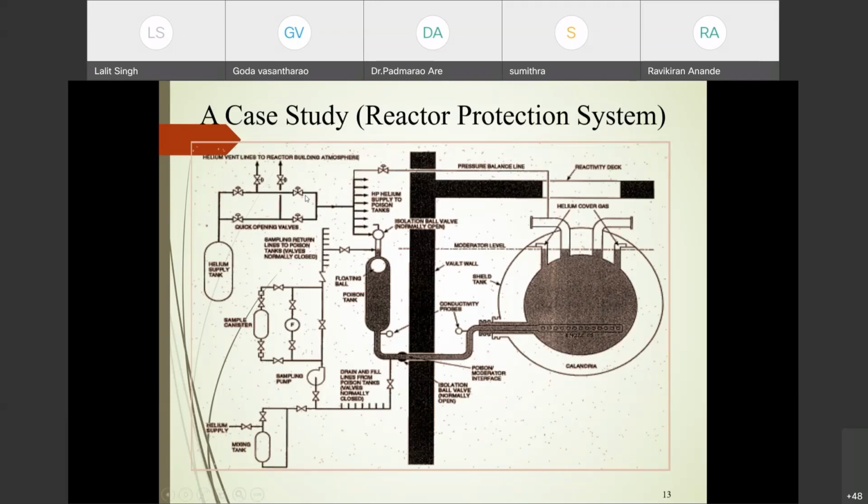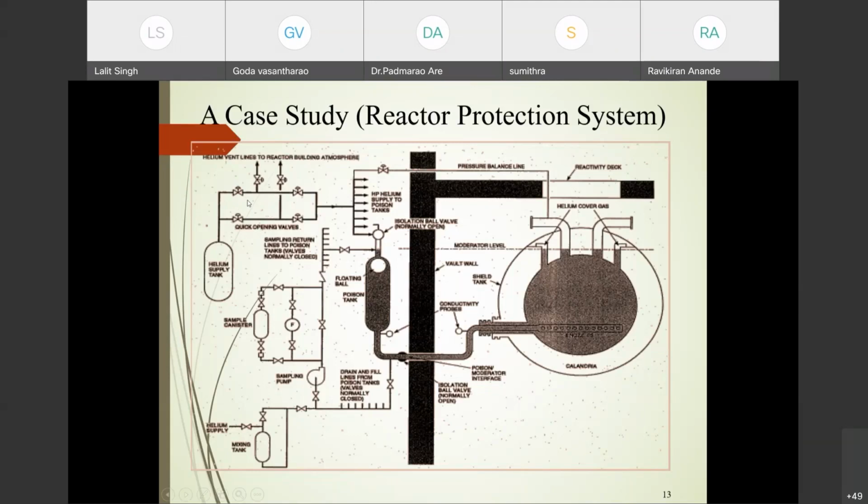So in this instrumentation also, I could have only one valve, and that could be normally closed during the normal operation of the reactor, and when it is required to inject the poison, I could open this valve.